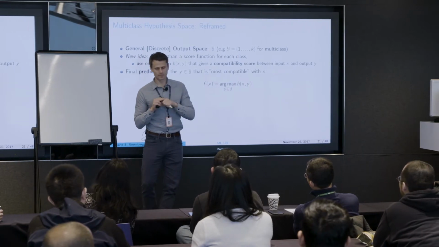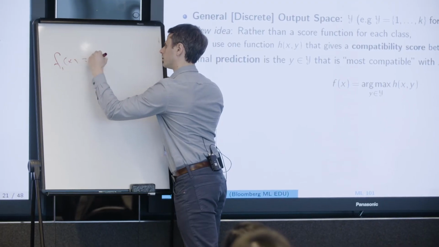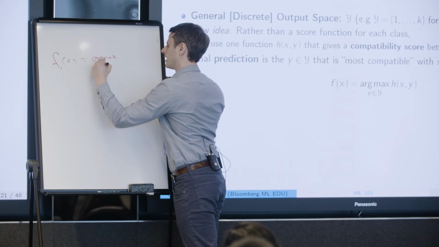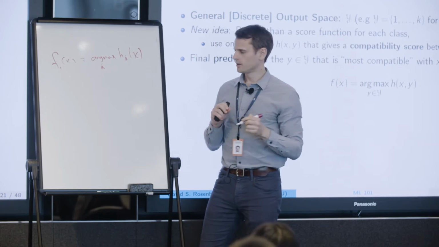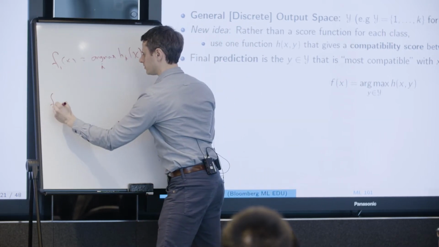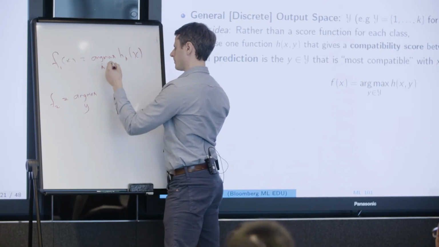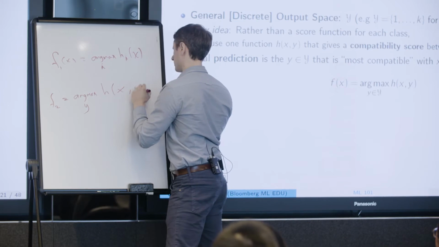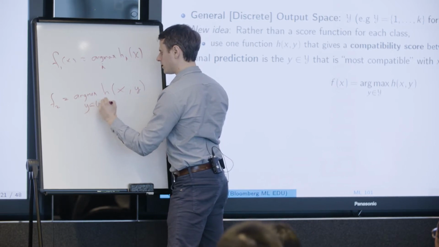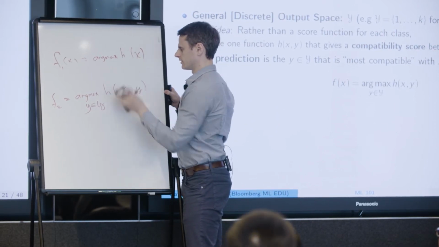Yeah, y becomes a subscript. So the prediction function we had before, call it f1, is argmax over i of h_i of x. The form here, call it f2, is argmax over y of h of x, y. Here y was in the space y, and here i was in 1 to k. But we could change that like this.